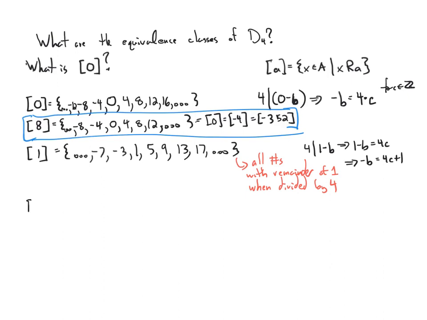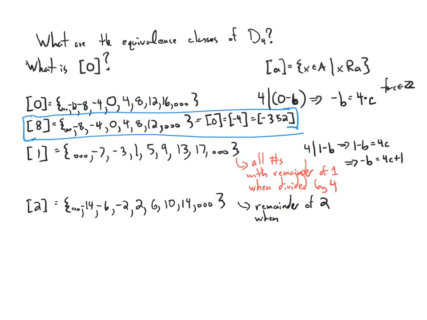Okay, using the same logic, we know that the equivalence class for 2 is every integer that has a remainder of 2 when you divide it by 4. So 2, 6, 10, 14, etc. Here we have -2, -6, -14, etc. So this is a remainder of 2 when divided by 4.